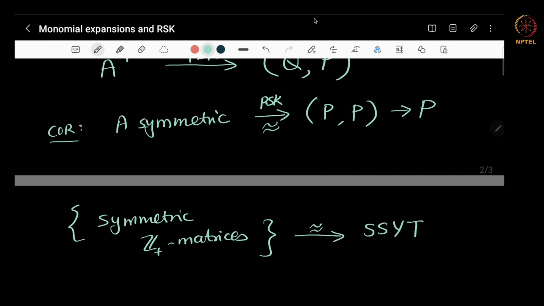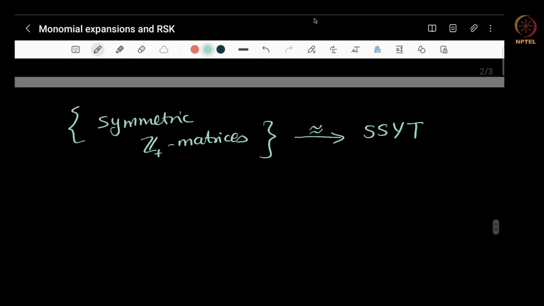The symmetric matrices can be of any size really. The key property here is that the row sums and the column sums are equal because it's a symmetric matrix. The row sum of the given matrix will just map to the type of the semi-standard Young tableau. So this is the symmetry property.